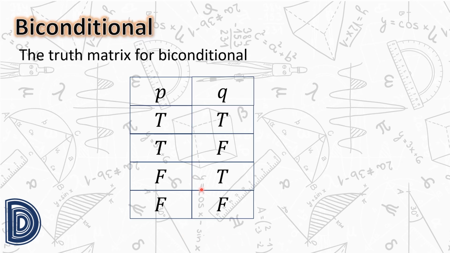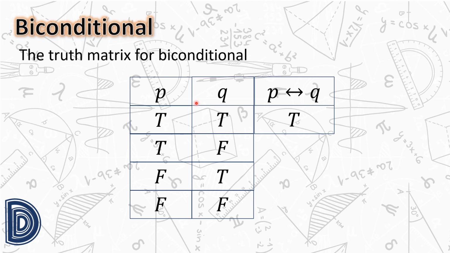Let us have the truth table for the biconditional. Again, we have 4 rows. We are dealing with 2 propositions, P and Q. So the proposition P if and only if Q will have a truth value of true if both P and Q have the same truth value.